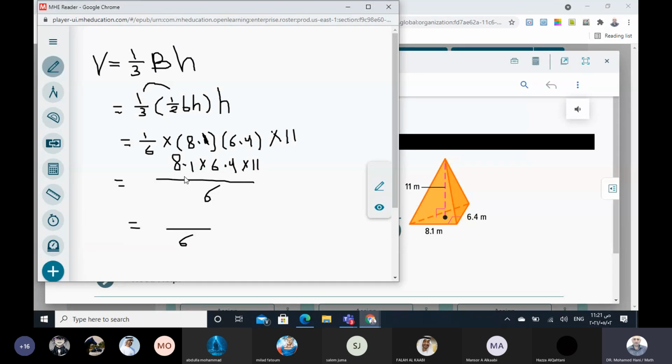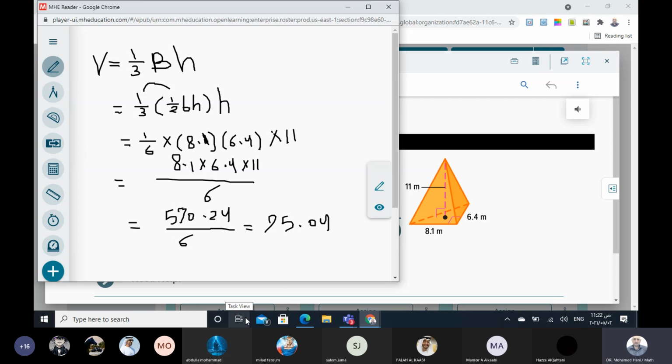The answer will be 570.24, divided by 6. So the answer will be 95.04.